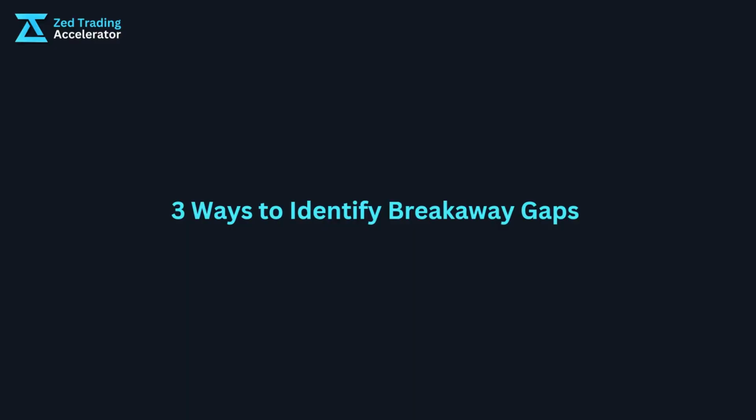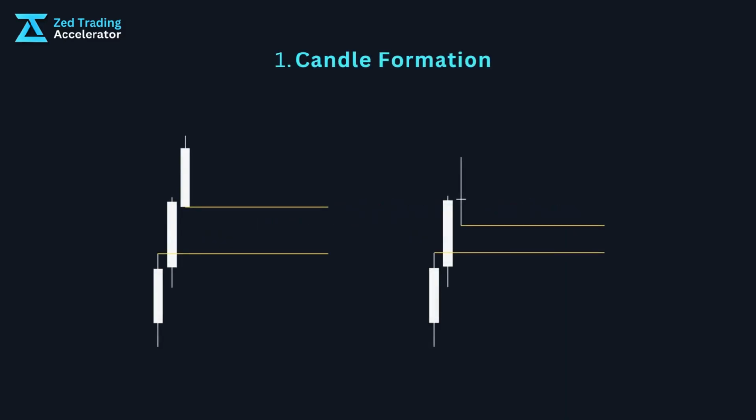Alright, so here are 3 ways exactly how to identify a breakaway gap. Alright, so here we have 2 types of fair value gap. First, I want you to observe if you can see any difference from these 2 fair value gaps. I will give you around 5 seconds if you can spot any difference.